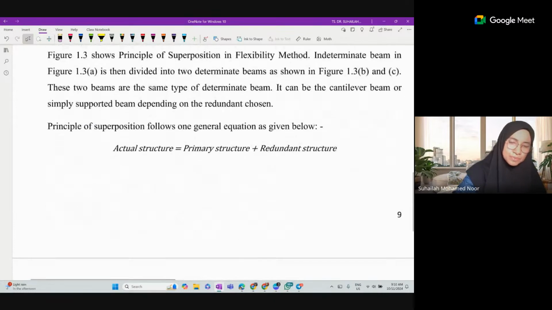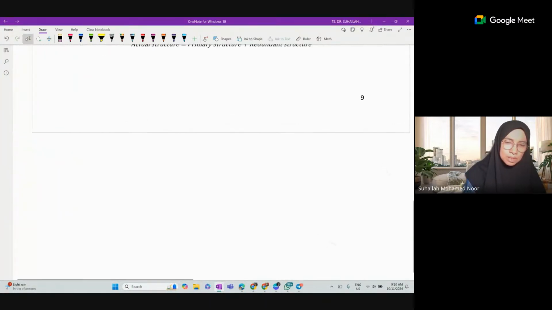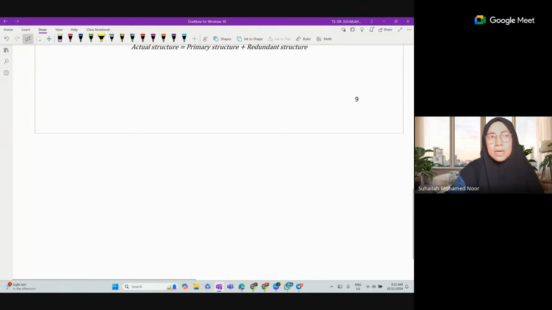So we continue, because we want to learn how to derive the compatibility equation. For example, we stick to the example with one member only, a member AB subjected to a UDL, uniformly distributed load along the member.